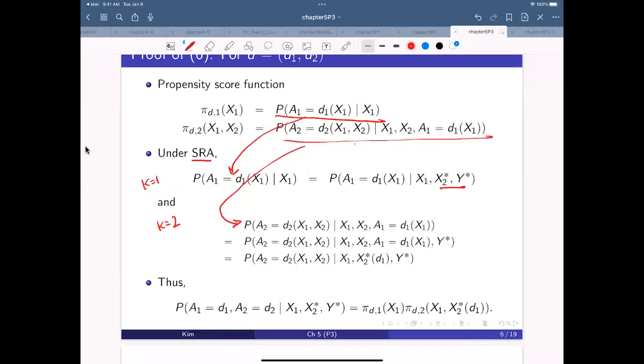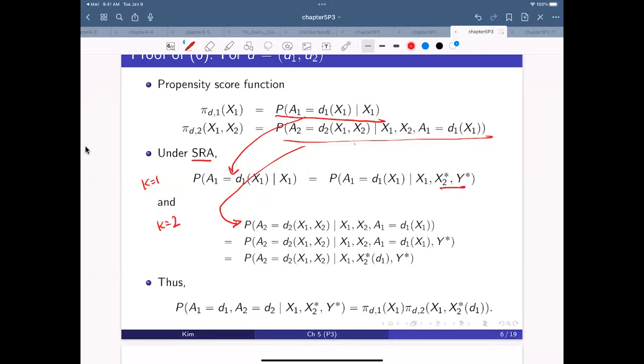So we use sequential ignorability carefully. So basically A2, right? Given the history for A2, the history is x1, x2, a1, right? Given the history, A2 is independent of y star.